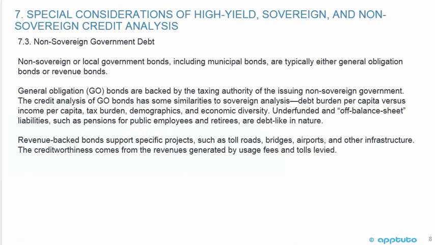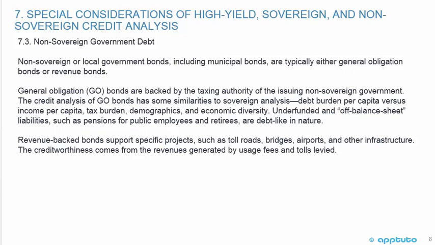And we're down to one last slide on non-sovereign government debt, and we'll do one practice question and this LOS will be finished. So non-sovereign government debt. Non-sovereign or local government bonds, including municipal bonds, are typically either general obligation bonds or revenue bonds. General obligation bonds are backed by the taxing authority of the issuing non-sovereign government.